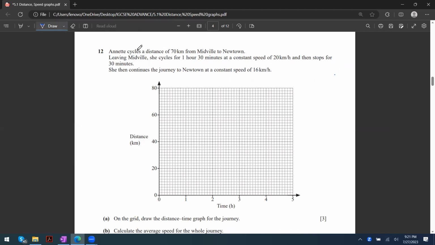First of all, 1 hour 30 minutes. So 1 hour 30 minutes is this point, right? Constant speed of 20 kilometer per hour.